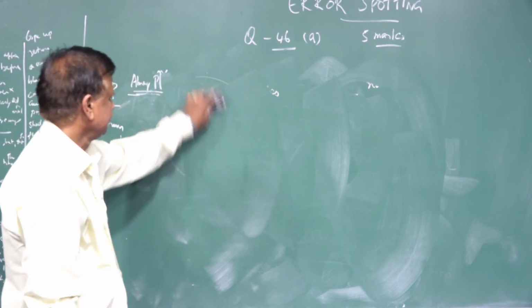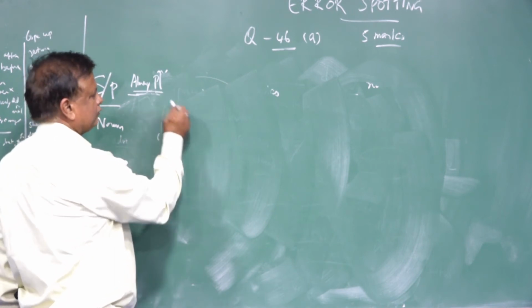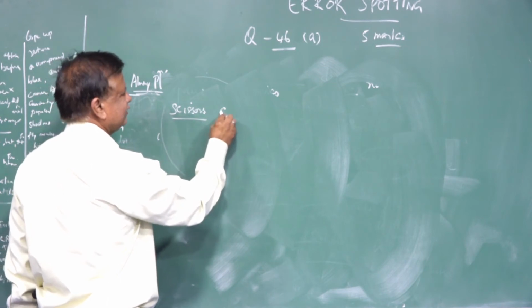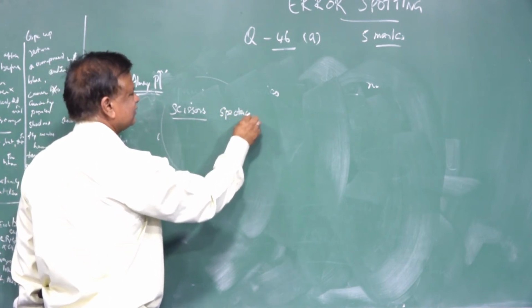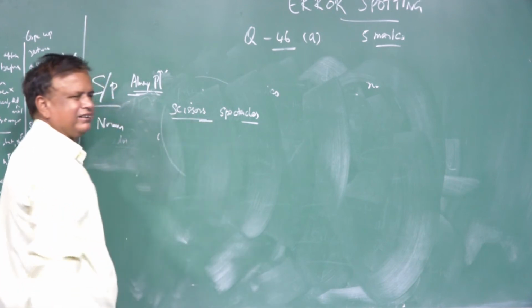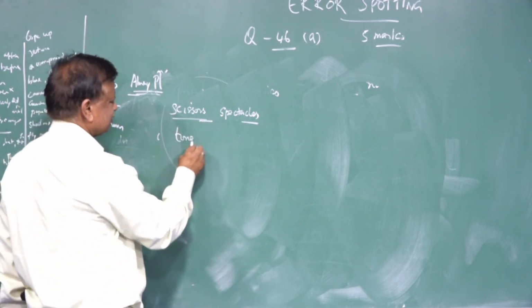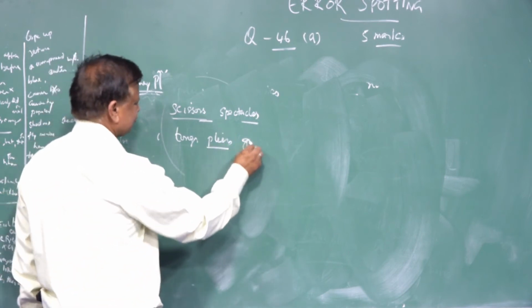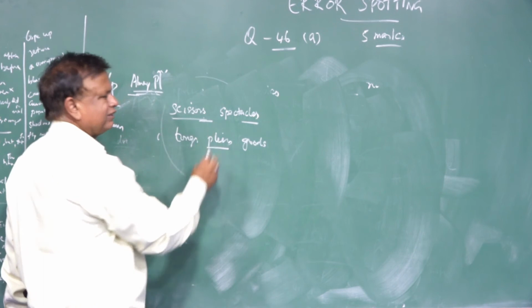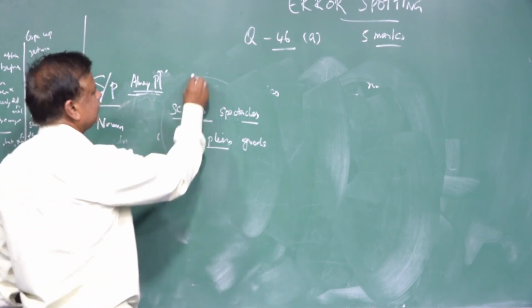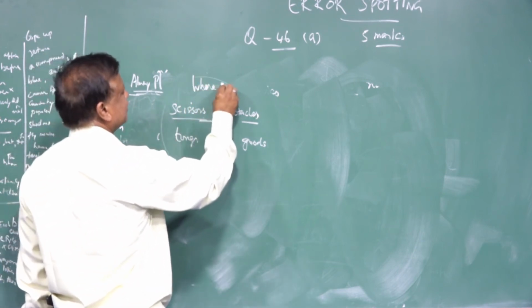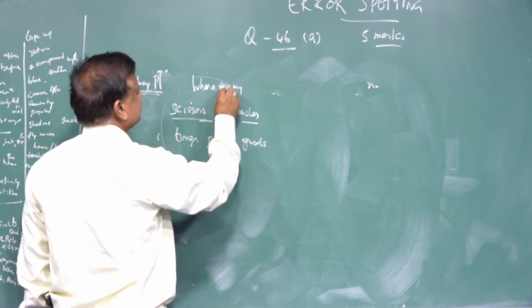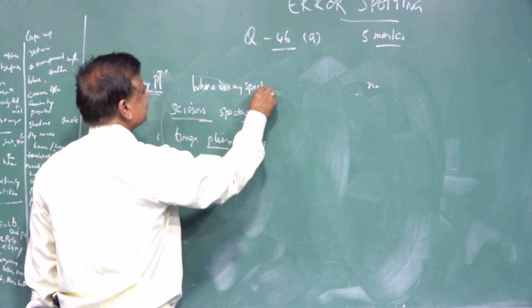Now, there are other words also in plural forms like scissors, spectacles, tongs, pliers, all these things. These are goods which are always used in the plural form only. The question will be, where is my spectacles?